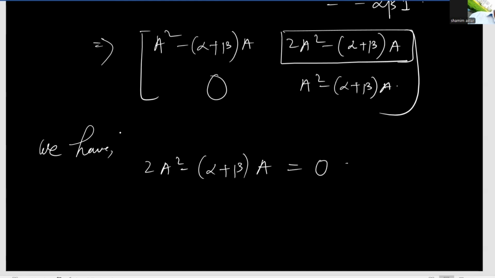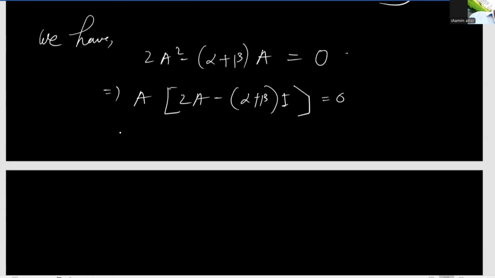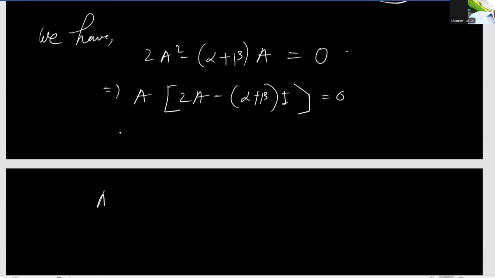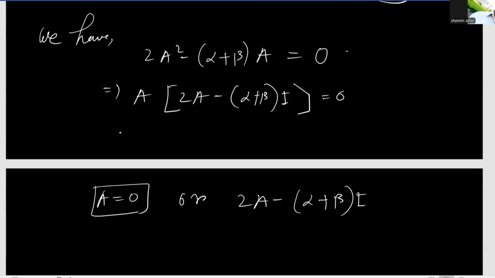So this implies, taking A common, A times (2A minus (alpha plus beta) I) equals the 0 matrix. So here we have either A equal to 0 or 2A minus (alpha plus beta) I equal to 0. So this implies A equal to (alpha plus beta) by 2 times the identity.